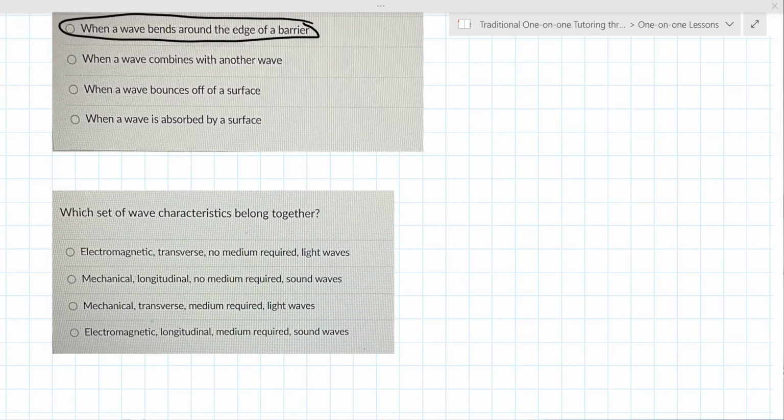So mechanical waves is what I'm leaning towards discussing first, because mechanical waves have different properties, either longitudinal or transverse. But let me see if I can find an option here.